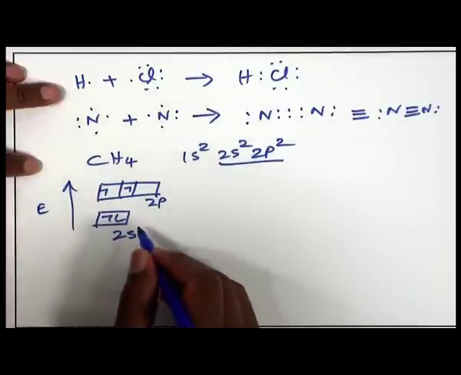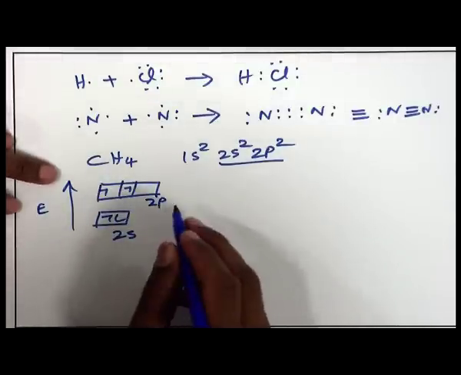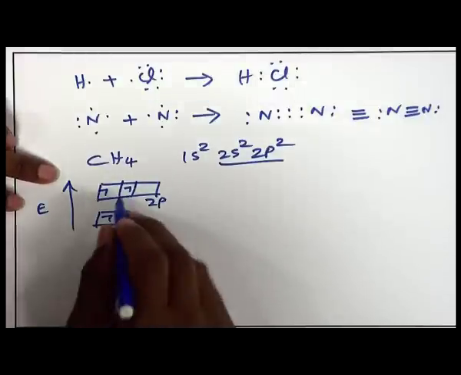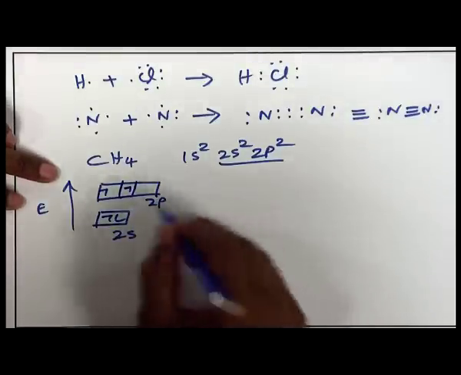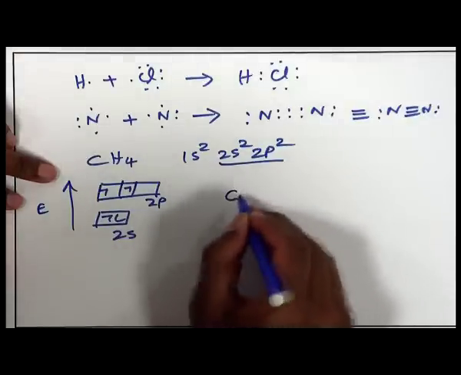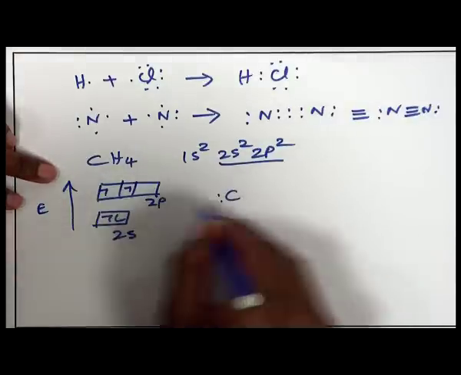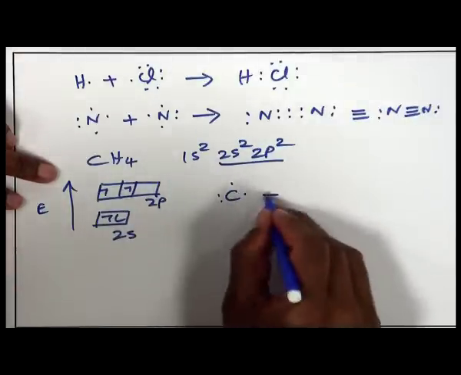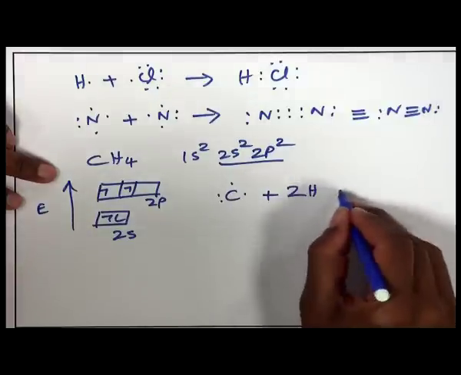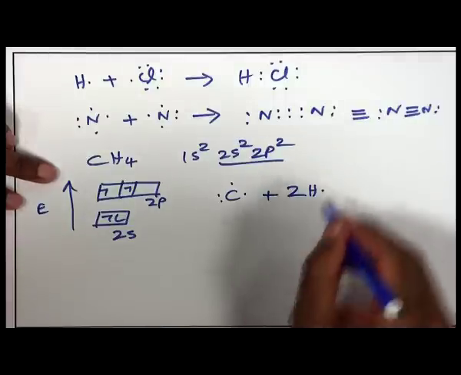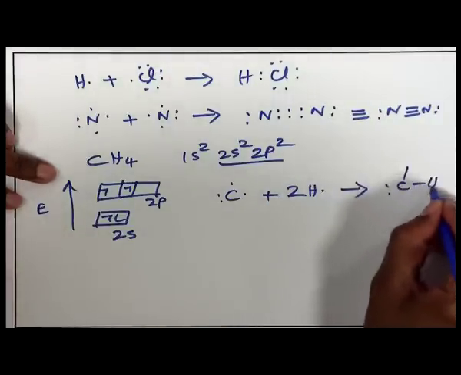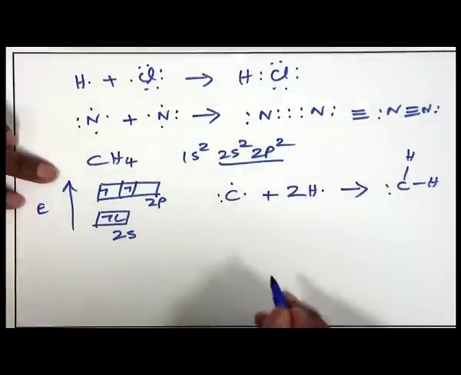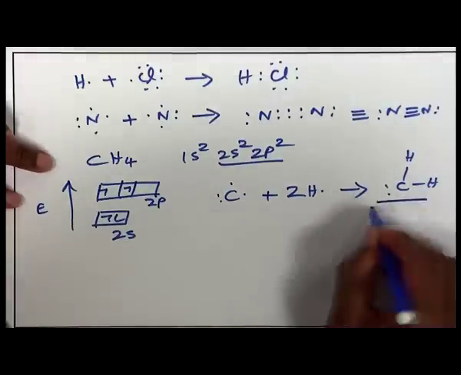In the same way, the electronic configuration of carbon shows 2 unpaired electrons, so it can combine with 2 hydrogen atoms, each having 1 electron. You could form it that way, but that is not the case.